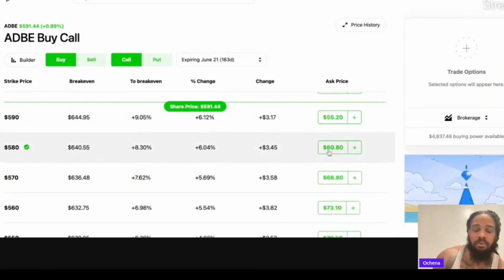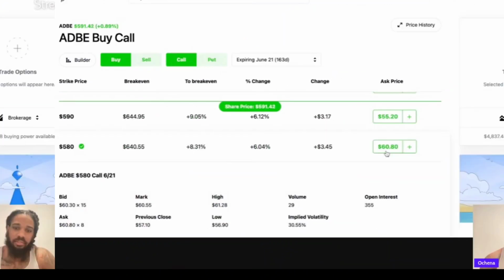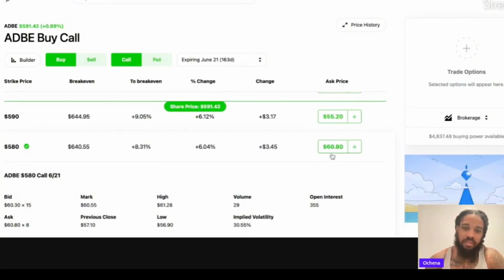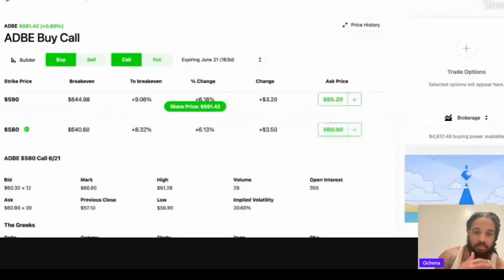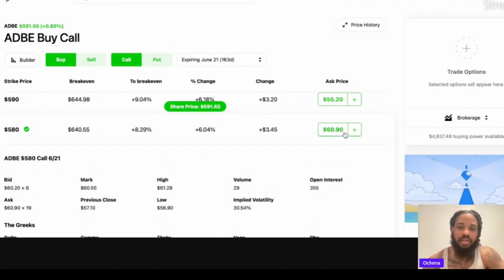And at the time when I purchased this contract, the price was about $390. You can see the price right now, it's about $6,080. Something that I want to backtrack a little bit on is that when you see this number right here, even though it seems like $6.90, they usually round it up because it's times 100 shares, guys.